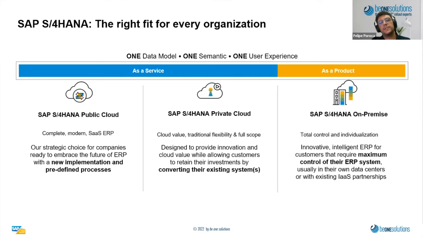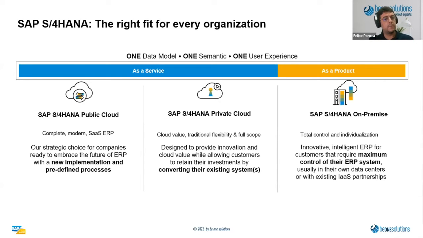But if we look at this slide, what is the idea here, right? When we go from the middle to the left, we are talking more about S/4HANA as a service, right? So we have a product which is stored in the cloud. We work with license subscriptions, so you need to pay a monthly fee, basically to SAP. And this is why it is considered a service.